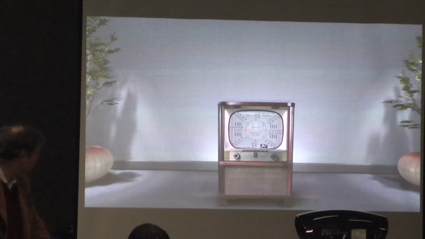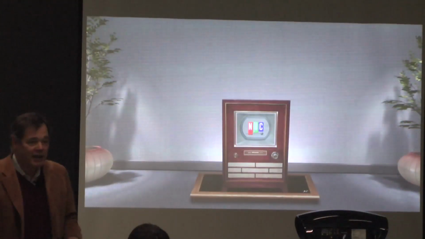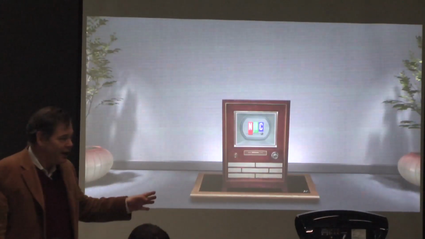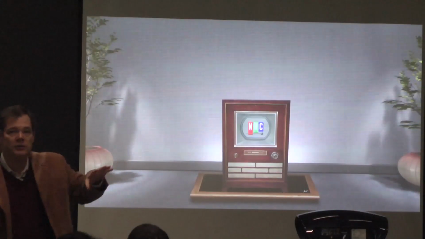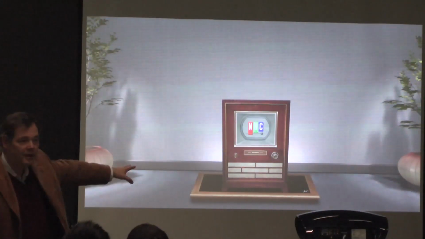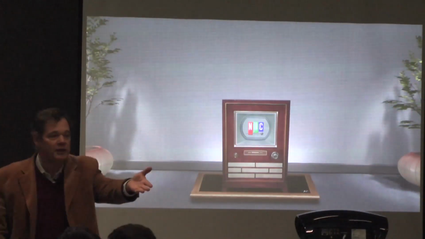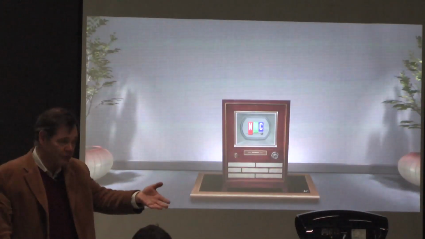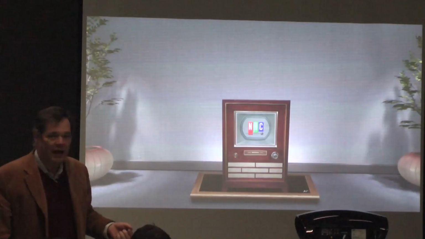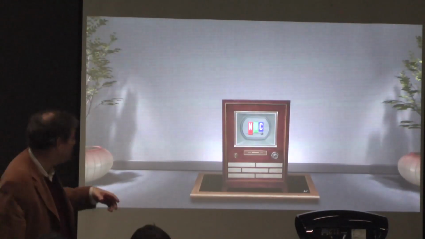And then, of course, in 1954 came color television, and the screen was even smaller. In fact, color television premiered on January 1, 1954. It was the Rose Parade from Pasadena. It was the first NTSC broadcast over the NBC network.